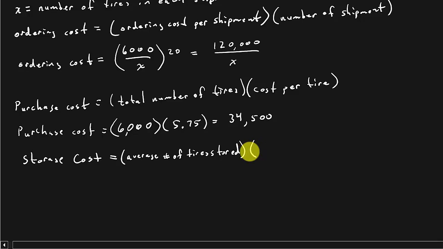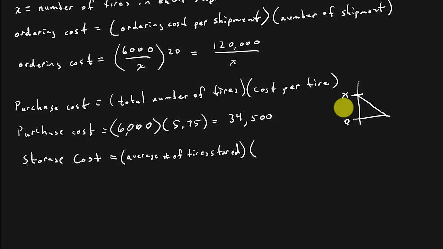And when I say the average number, you've got to understand, you're going here, you've got X tires or you've got 0 tires. So what's the average of X and 0? Well, X plus 0 is X, and then you divide it by 2 to find the middle. Storage cost per tire.